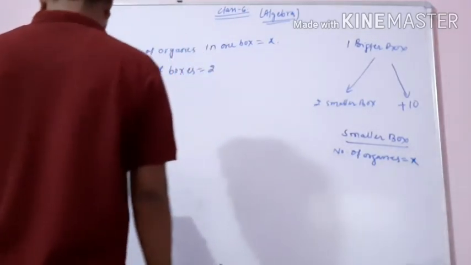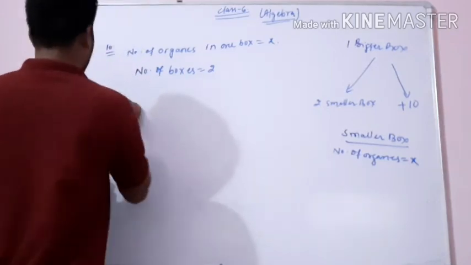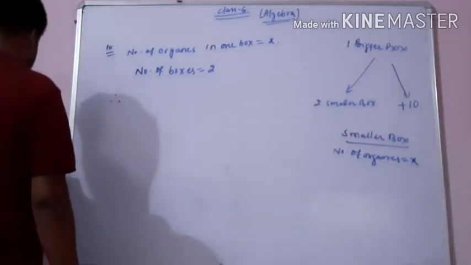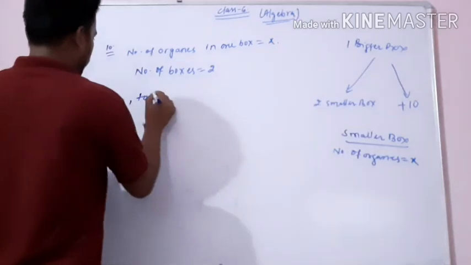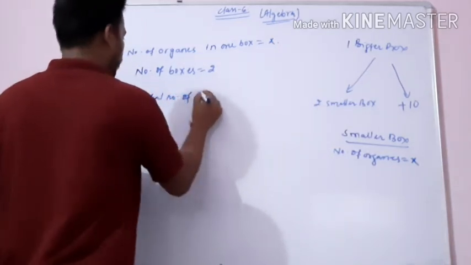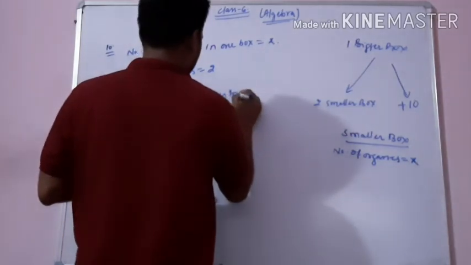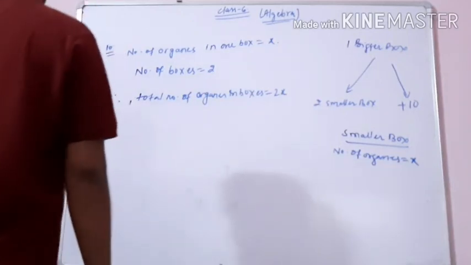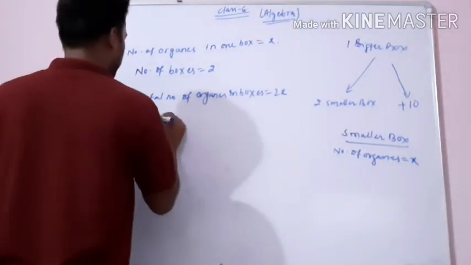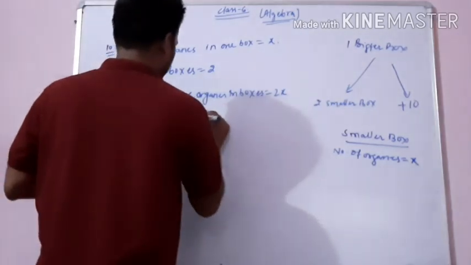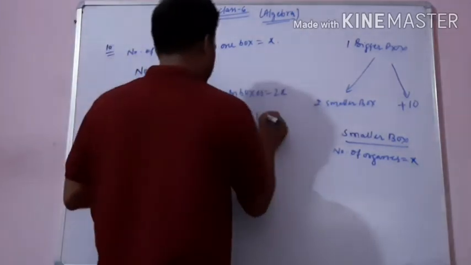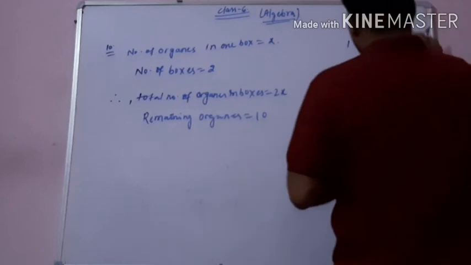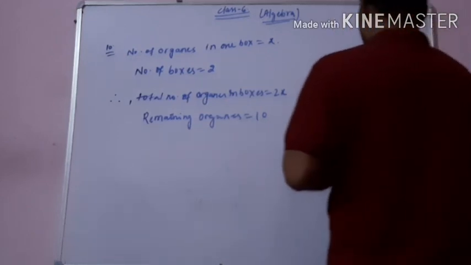Therefore, the total number of oranges in the boxes will be 2x. The remaining oranges equal 10. Now we will find the total number of oranges in the bigger box.